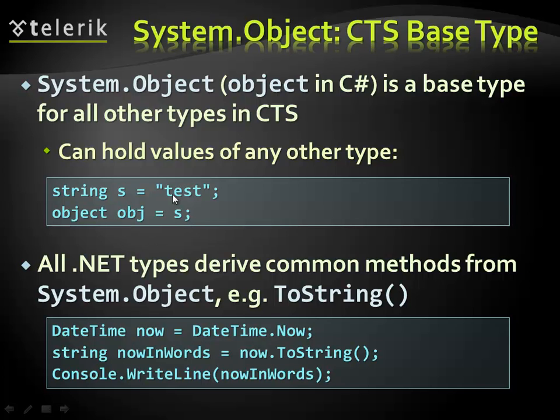For example, I have a string here, and I can assign it to a variable of type string, but then I can take the string and assign it to a variable of type object, and that will work. What we see here is the implementation of the ToString, which is a common implementation put in System.Object, which is the base class of all the other classes.